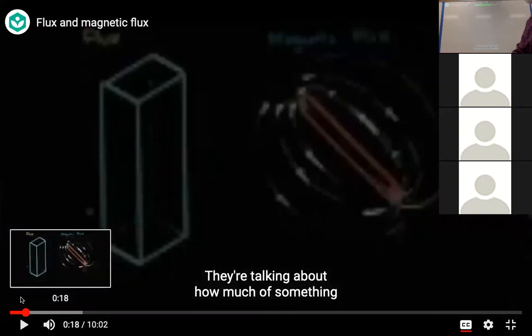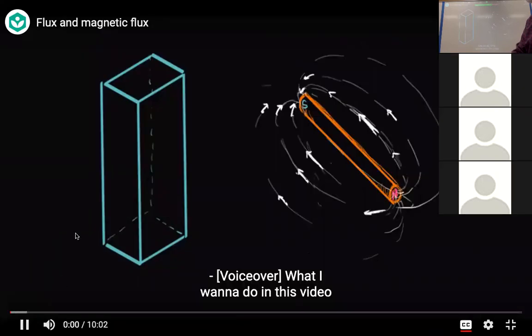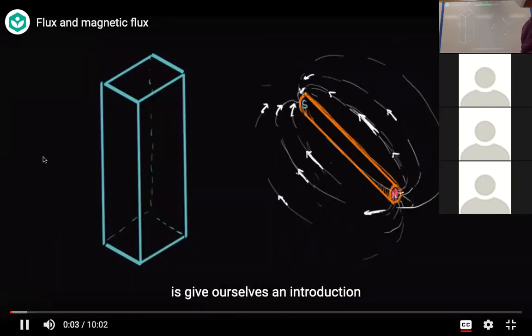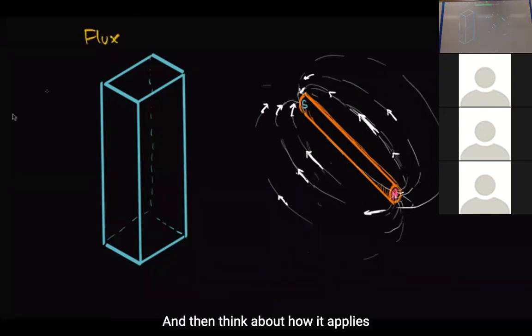This is, I'm just defining a volume of air. So we start at the beginning. What I want to do in this video is give ourselves an introduction or intuition for the term flux in general, and then think about how it applies to the idea of magnetic flux.